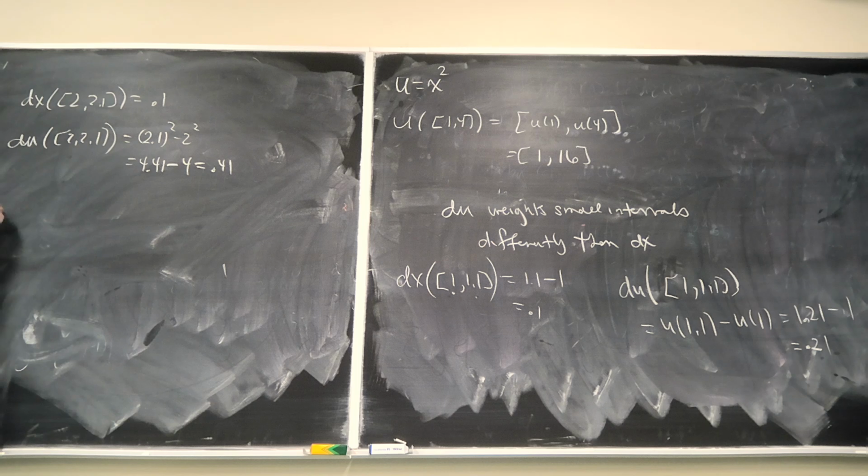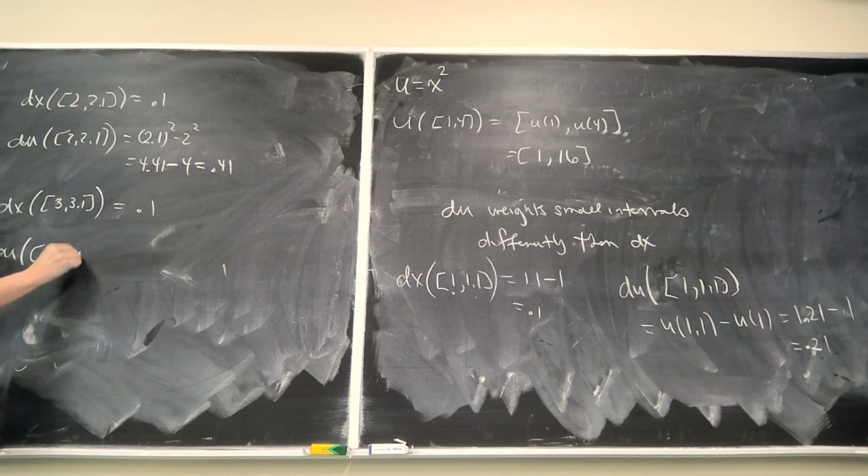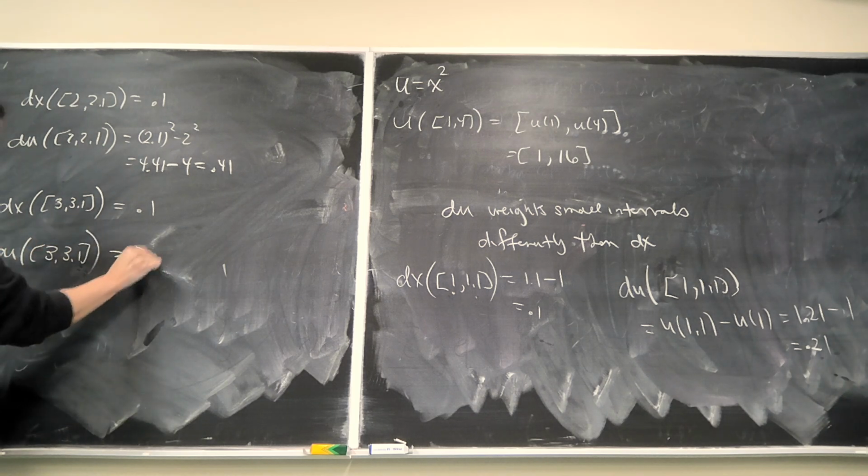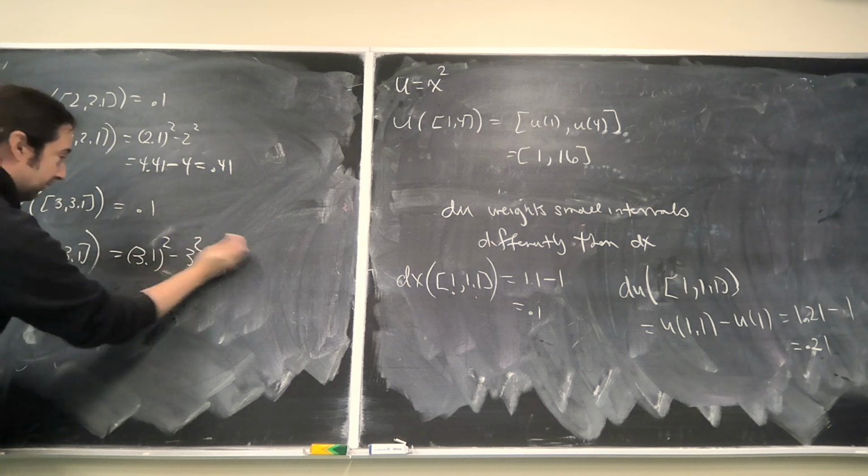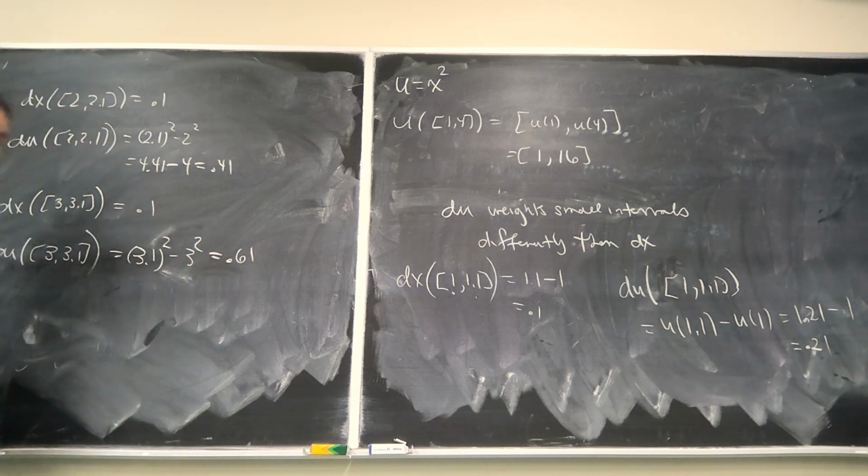And if you continue this idea, if you measure the size of the interval from 3 to 3.1, the weight that that carries in u, du of, this is a total abusive notation, by the way, so 3.1 squared minus 3 squared, this turns out to be 0.61.